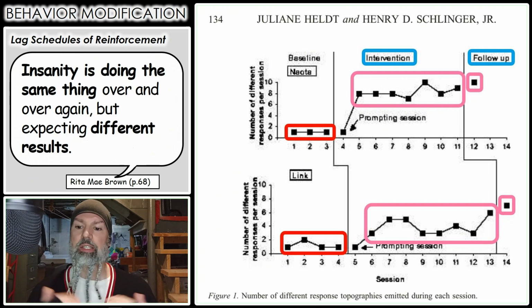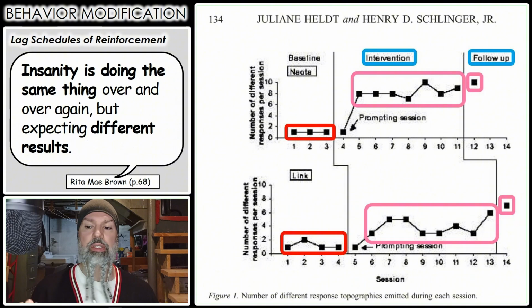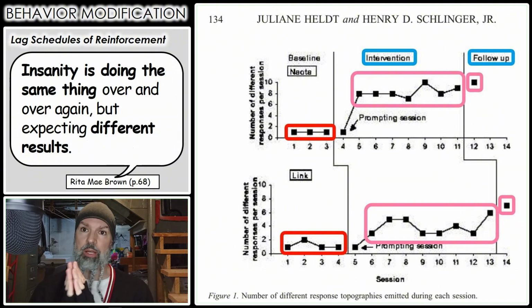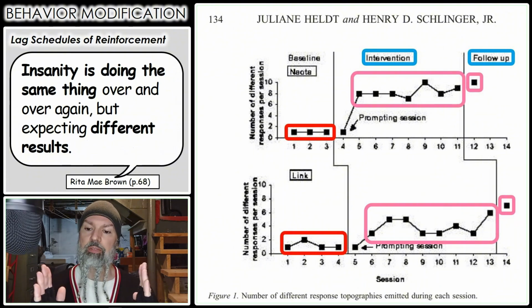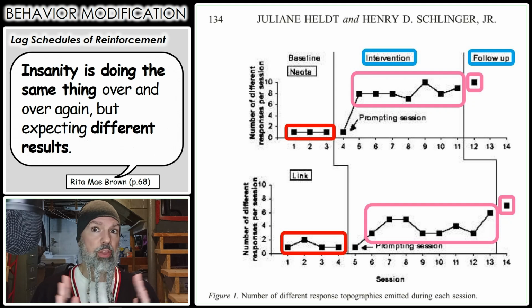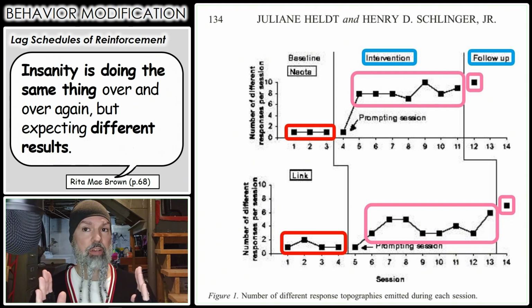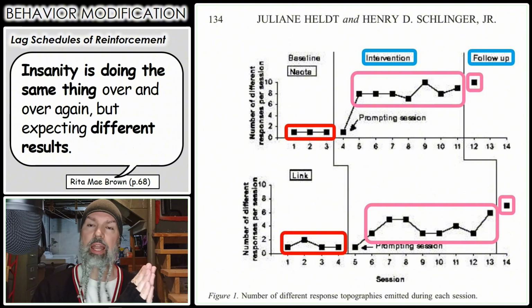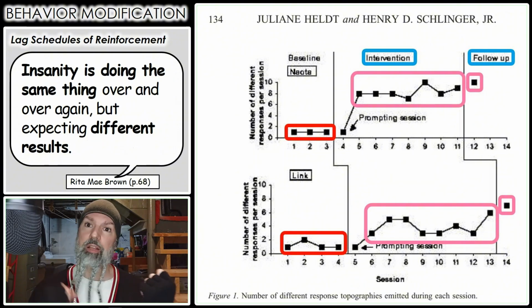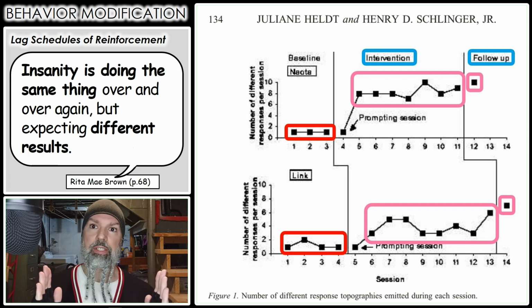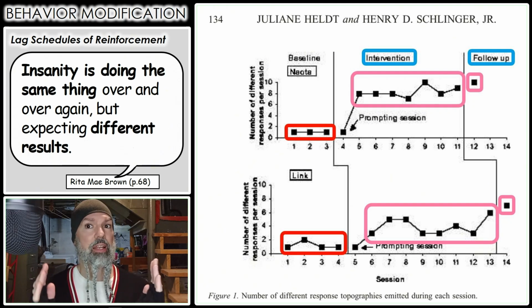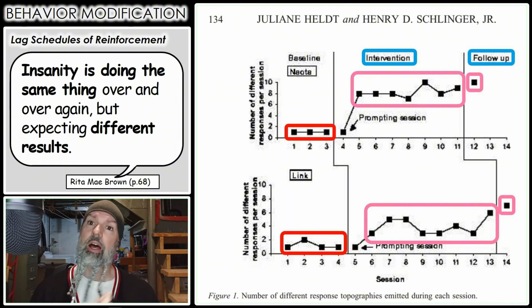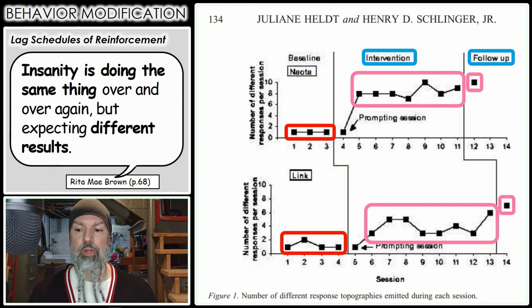And then also these lag schedules can be adjusted to increase the difficulty gradually. Much like we saw with thinning schedules of intermittent reinforcement, you can thin a lag schedule as well. So you can go from a lag 1 to a lag 2 to a lag 3 to a lag 4, etc. And also, much like we saw in thinning reinforcement, you don't want to increase that too quickly and end up with ratio strain and all the problems that we saw occur with ratio strain.